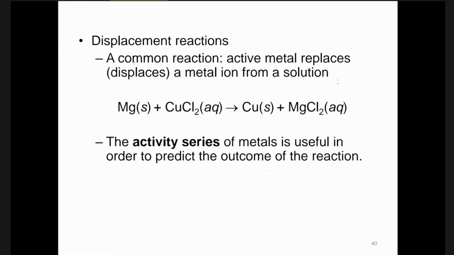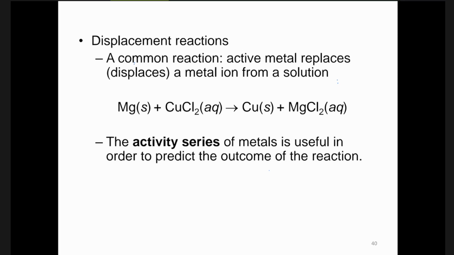If you have one element replacing another element in a compound, then we have a displacement reaction. That means one element takes the place of another element in a compound to produce a new chemical compound.